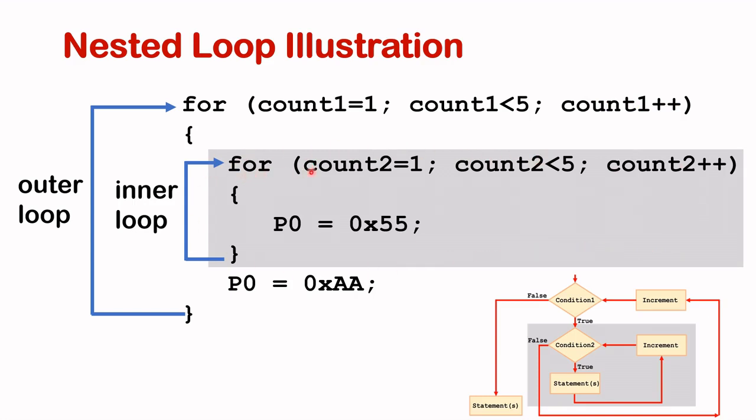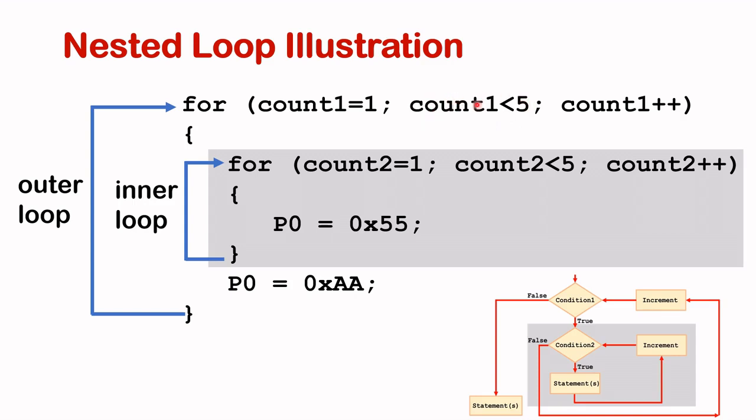Now if you look at this part, this is another for loop. So here I have count2 equals 1, set the condition count2 less than 5, and then increment count2 by 1, and then repeat this until this is false, and then this comes out, but it will re-enter this loop again if this condition still holds.